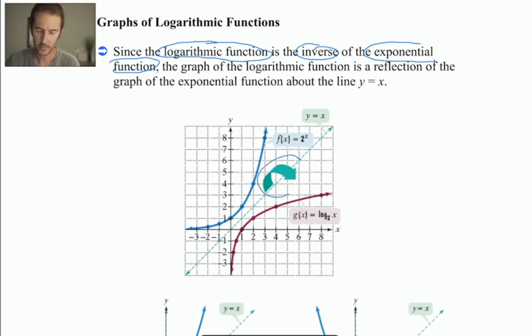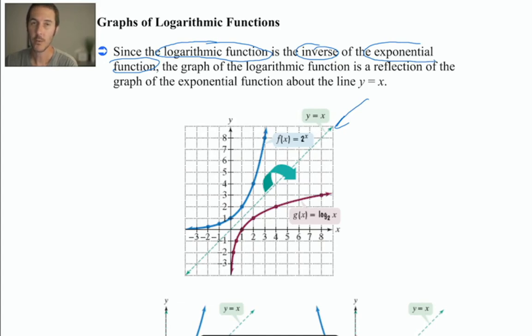You're seeing this dashed line right here. That's the line y equals x. So always the graph of an equation and the graph of its inverse will be reflections over the line y equals x.